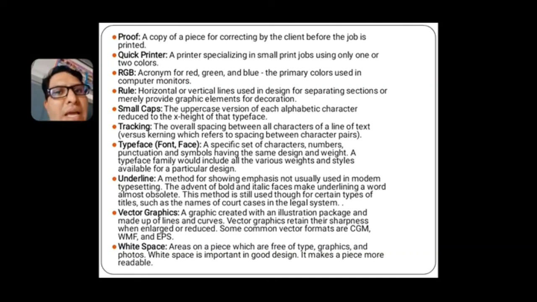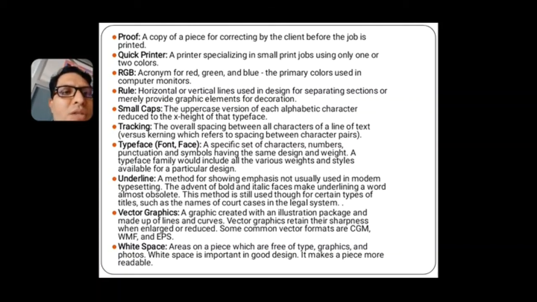It may be a character, an image, or a symbol, whatever it may be. Vector graphics retain their sharpness when enlarged or reduced, so they give good resolution. It doesn't have any false resolution, it will give a good resolution.